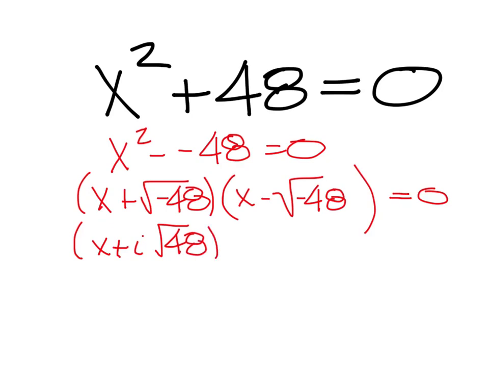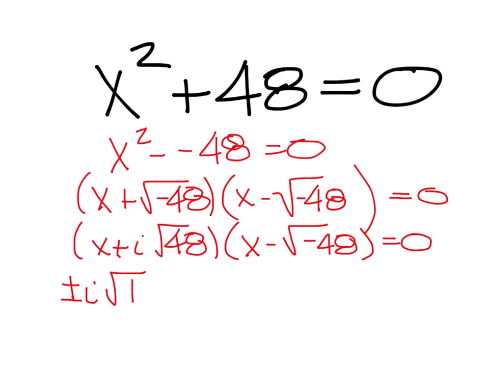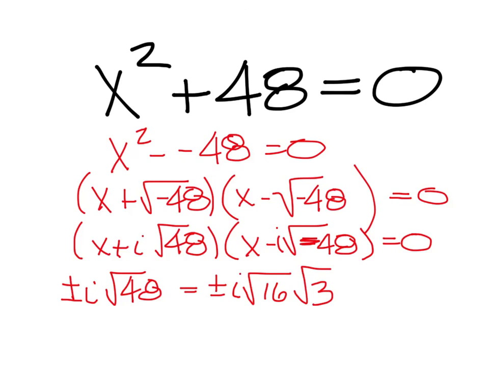And once you do that, you can go to the preliminary final answer, which is going to be plus or minus i square root of 48. There we go. And we can break this up as plus or minus i square root of 16 square root of 3. So that would be plus or minus 4i square root of 3.